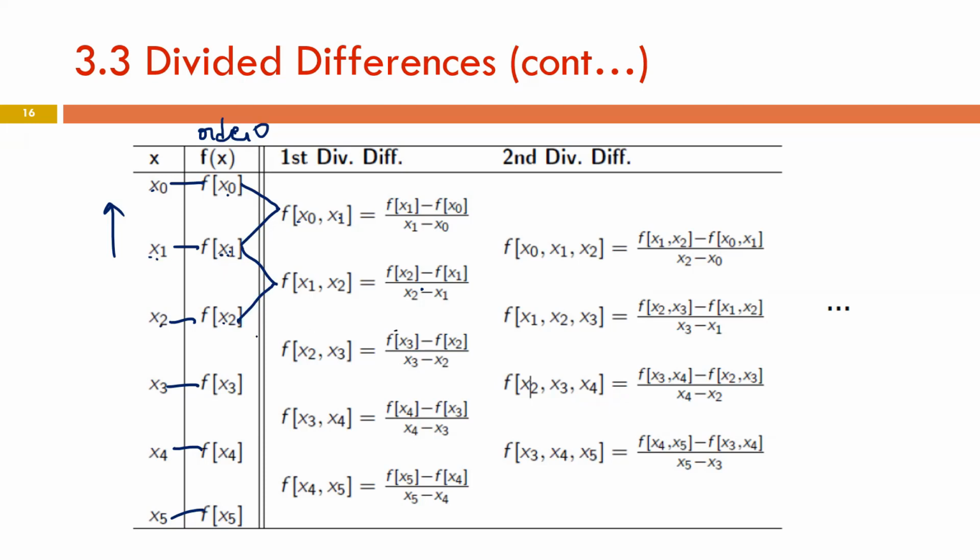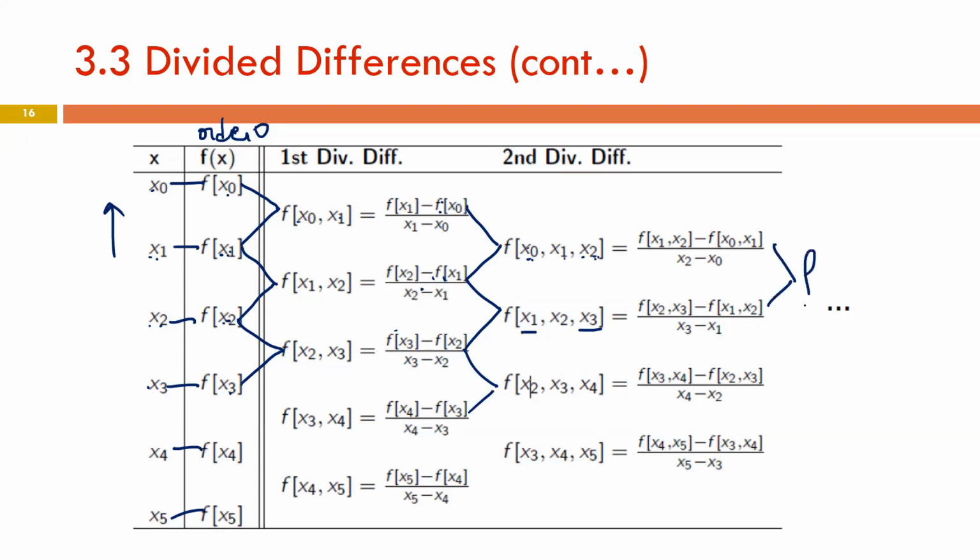To calculate this, we make f x3 minus f x2 over the difference of the inputs, and so on. For the second divided difference involving x0, x1, x2, we take the difference of these 2 values and divide it by the difference of the endpoints. For these 2, just the difference of these 2 values divided by the difference of the endpoints, and so on. Okay, and we continue from here.